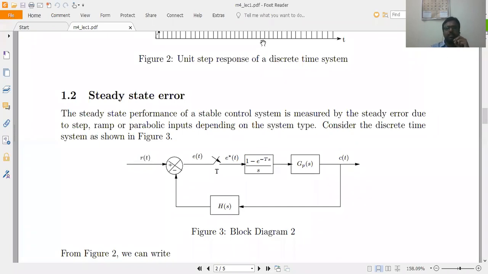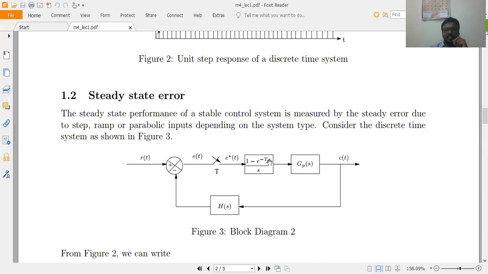As similar to the previous one, R of t is the input function and C of t is the output from the plant, H of s is the feedback, and G p of s is the plant. And here we see a block consisting of a transfer function, 1 minus e power minus Ts divided by s.